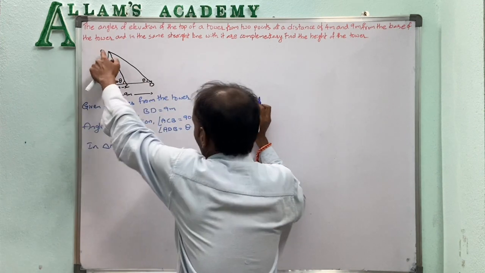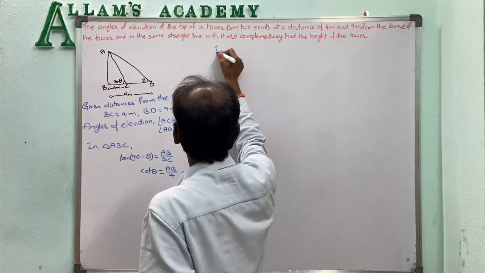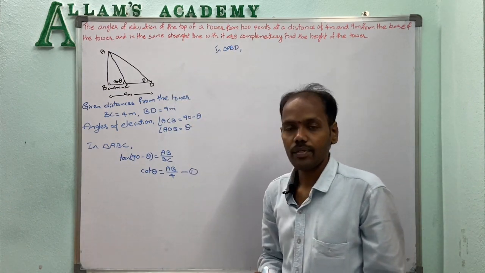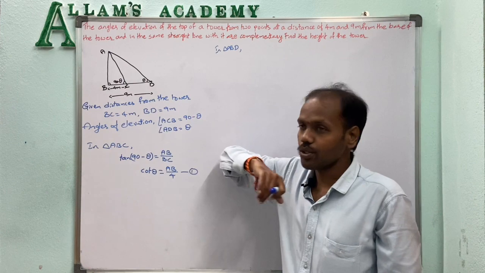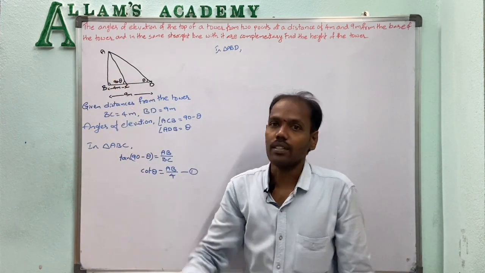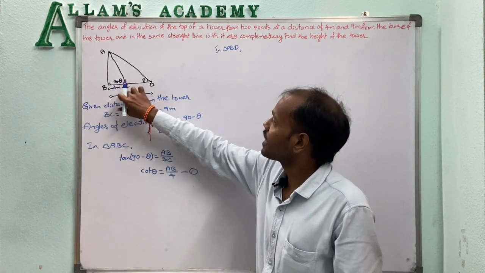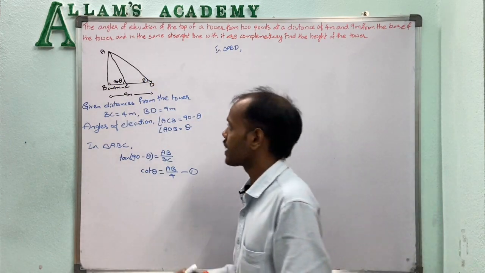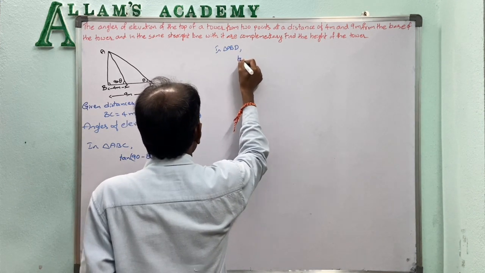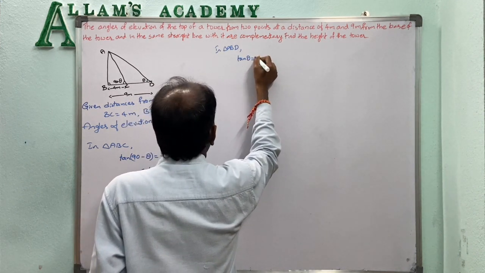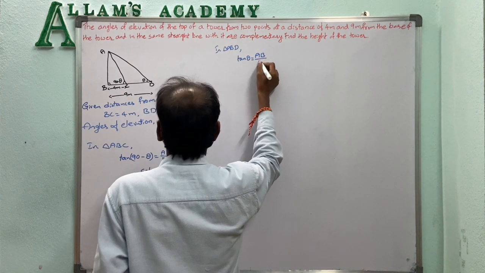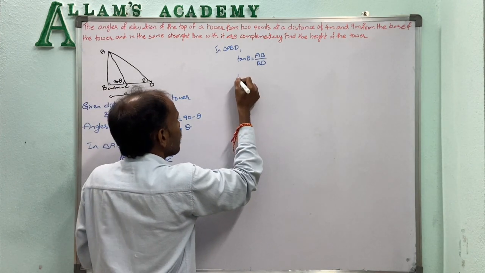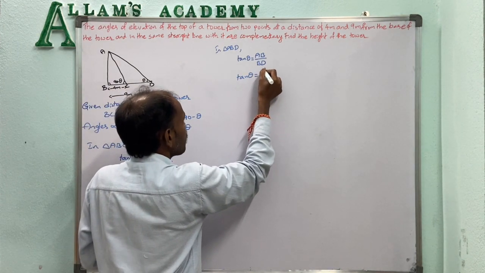Next, in triangle ABD, for theta degrees, AB is the opposite side and BD is the adjacent side. So here also we can apply tan theta. Tan theta equal to opposite side AB by adjacent side BD. Tan theta value we don't know, but BD value is 9.